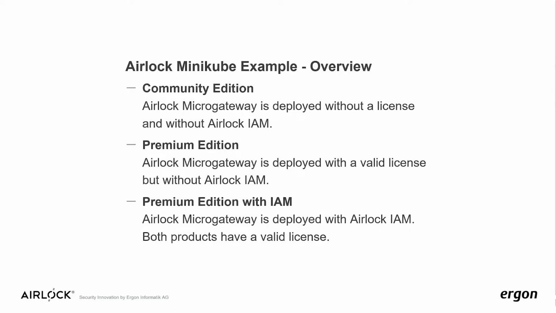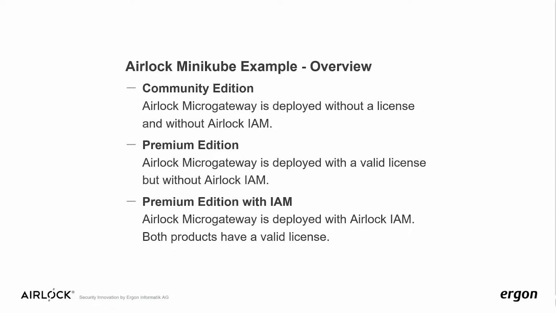Let's start with an overview of the Minikube example. The example can be deployed in 3 different scenarios. The first scenario is the Community Edition, which is completely free and doesn't require a license. The Community Edition excludes Airlock IAM functionality.